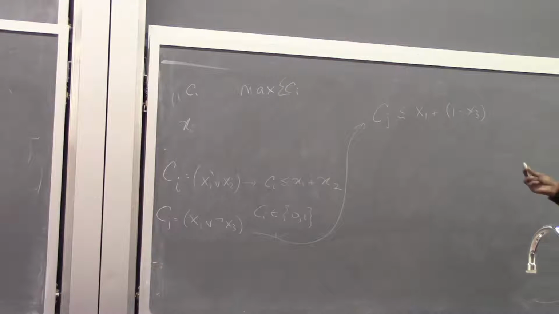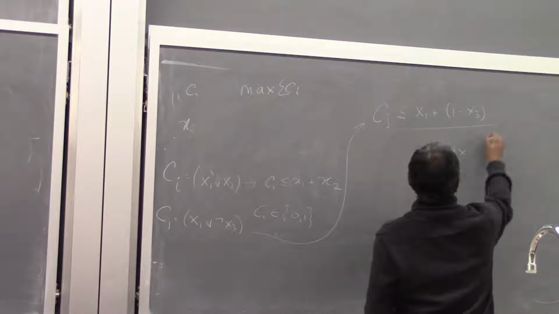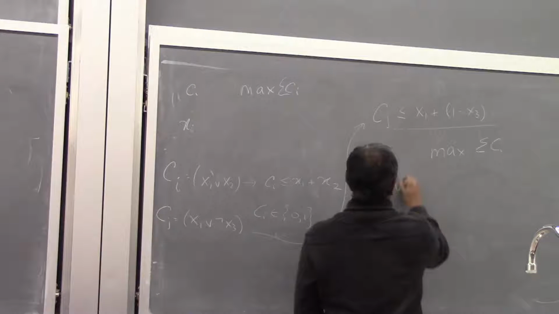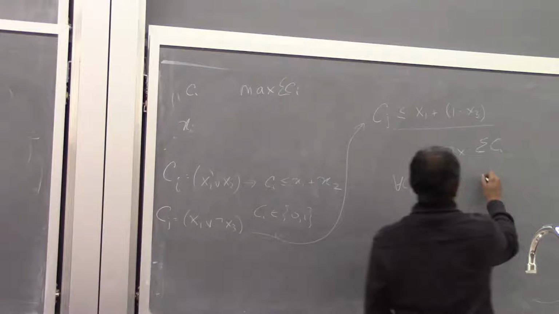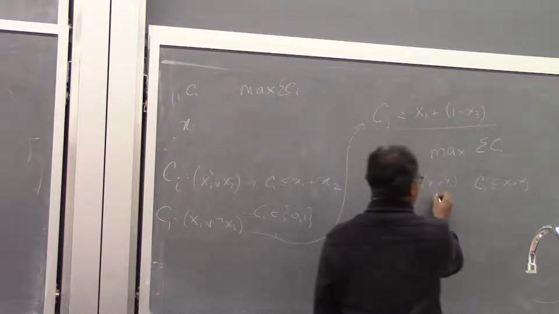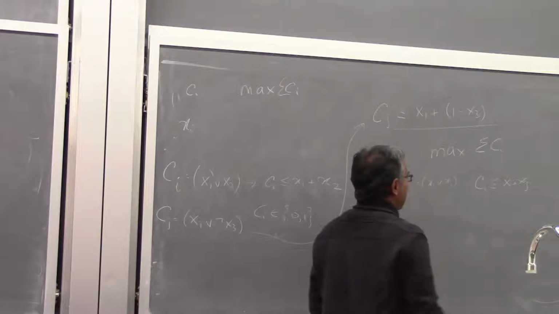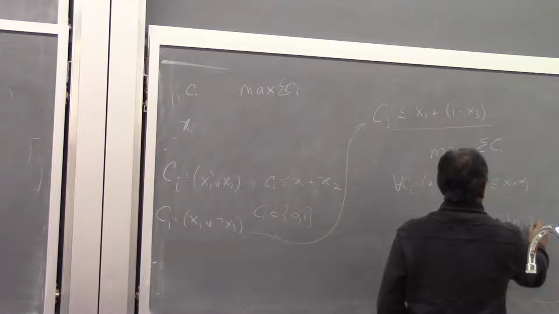So this is good. We now have a way to encode every single clause in my problem. We just write them all down, and we have an integer program. The integer program is going to basically look like: max sum of ci such that for all clauses, for all ci equal to xi or xj, ci is less than or equal to xi plus xj, and correspondingly for the other cases, and ci and xi belong to {0, 1}.